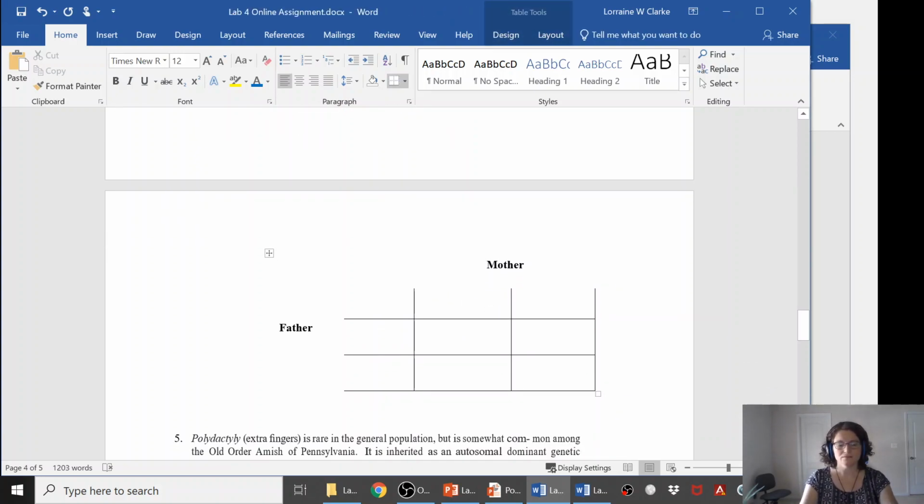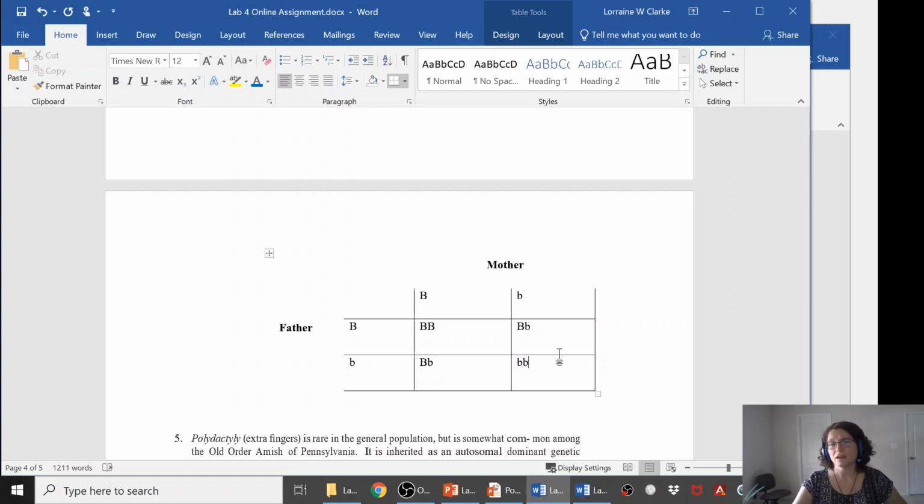The mother, the father. And remember, this is like the cross we already saw, okay? We do big B, little b, big B, little b, little b, little b.